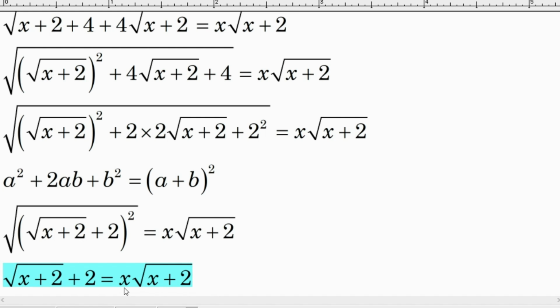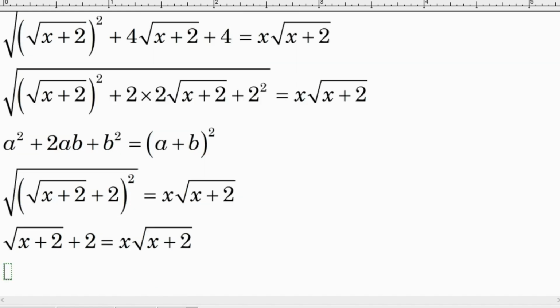So what can we do next? We have to add x to both sides.